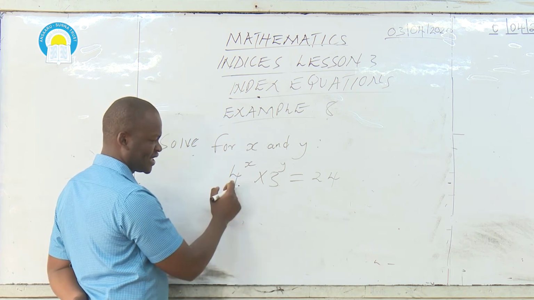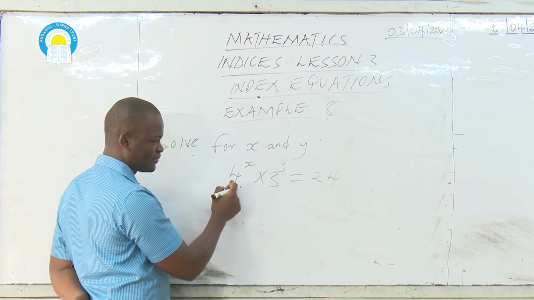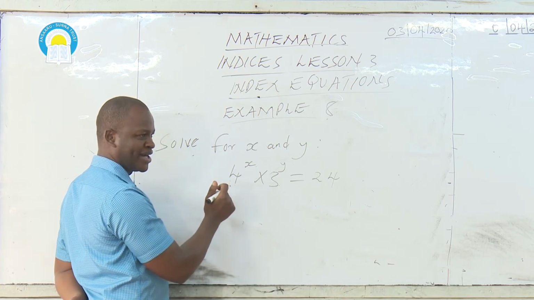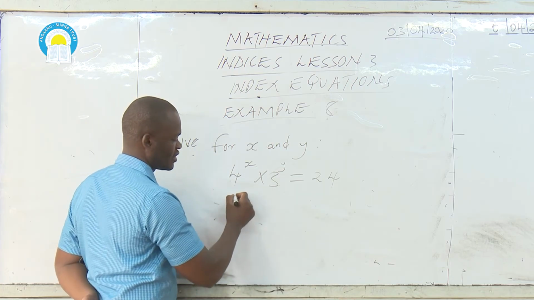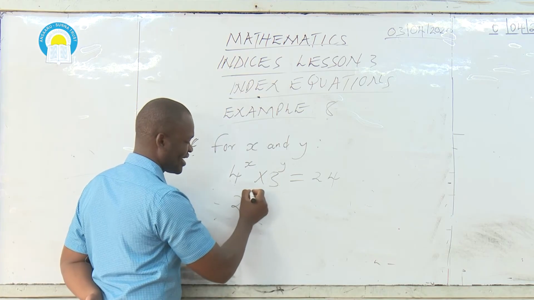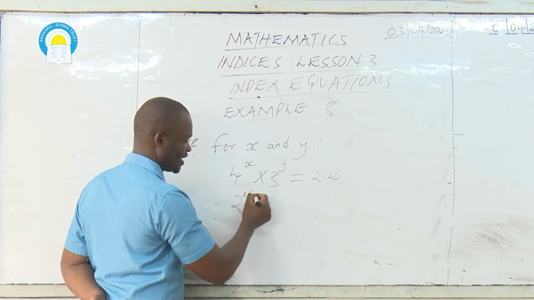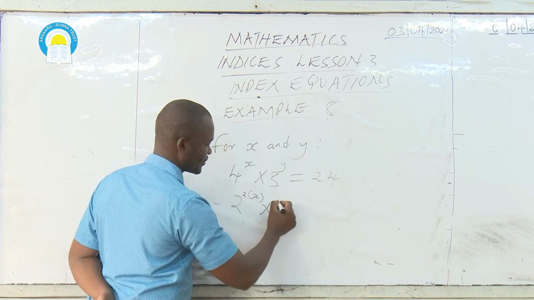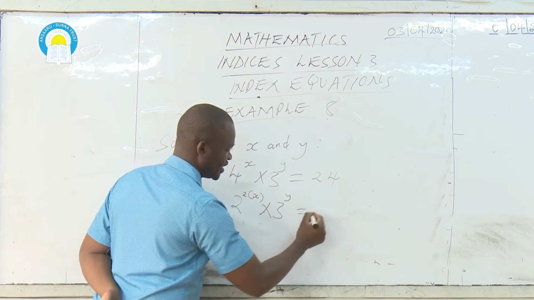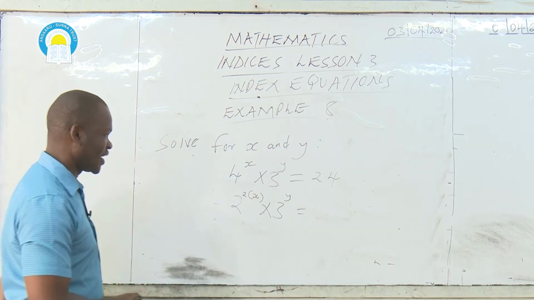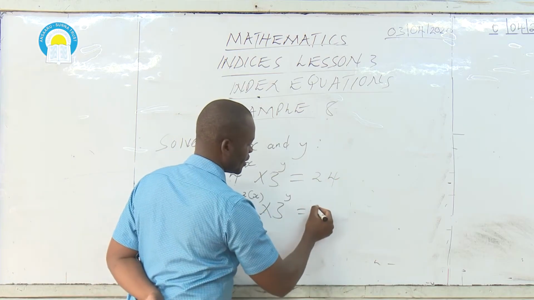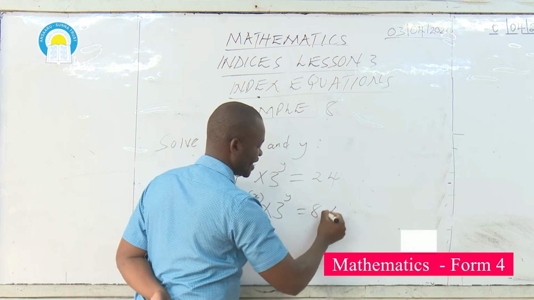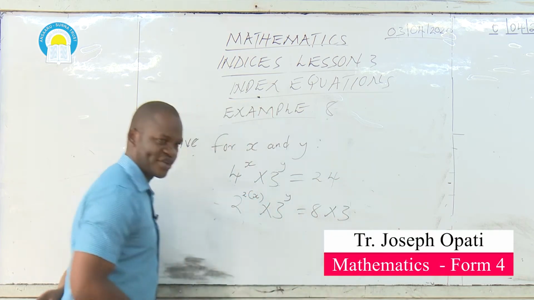Here, 4 can be expressed as 2 power 2. So I will have 2 power 2, but remember you have x. 3 is okay. No alteration in 3 power y. Then 24 is broken down into 8 times 3.